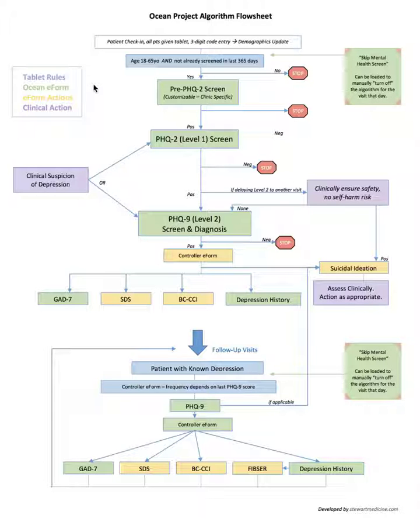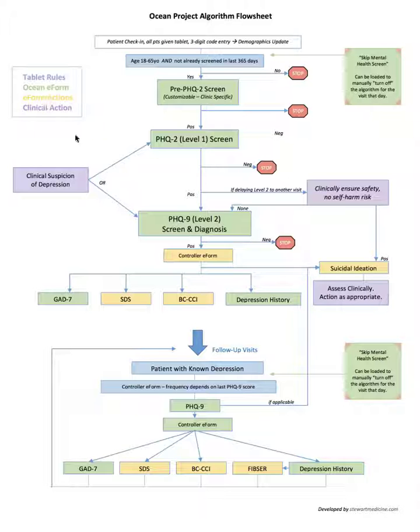When they click finish, the chart note is automatically charted into the chart for those of you who have EMRs such as PS Suite or Oscar that are fully integrated with Ocean. For the other EMRs, it's the note that goes into the portal and that you'll copy and paste into your EMR. But basically the E-forms are the actual templates for the questionnaires.